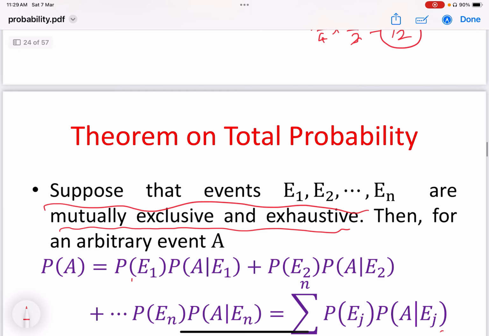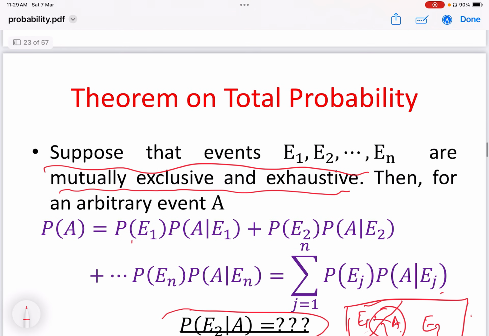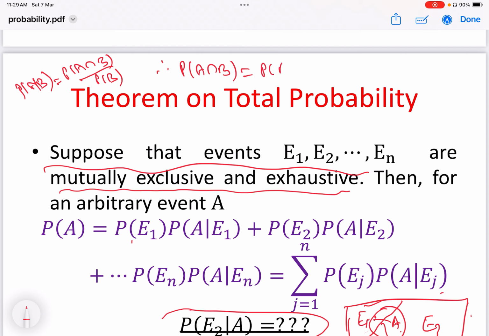Basically this theorem is the extension of our conditional probability. So conditional probability P of A given B equals P of A intersection B over P of B. So P of A intersection B equals P of B into P of A given B.